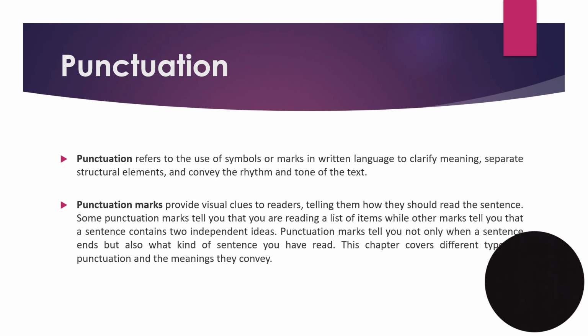Some punctuation marks tell you that you are reading a list of items, while other marks tell you that a sentence contains two independent ideas. Punctuation marks tell you not only when a sentence ends, but also what kind of sentence you have read. This chapter covers different types of punctuation and the meanings they convey.